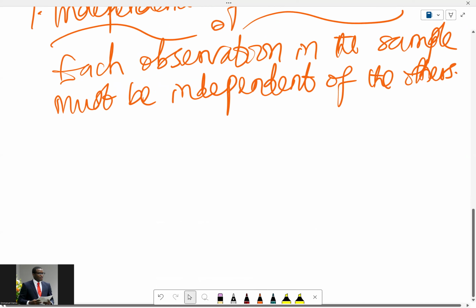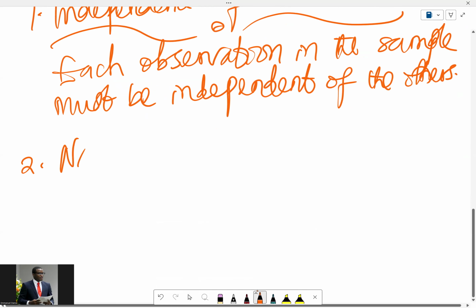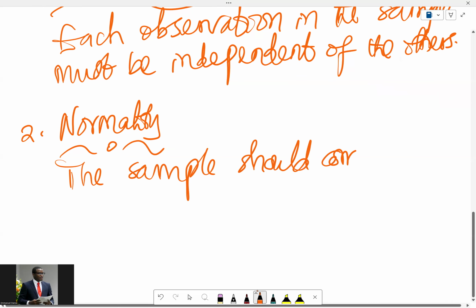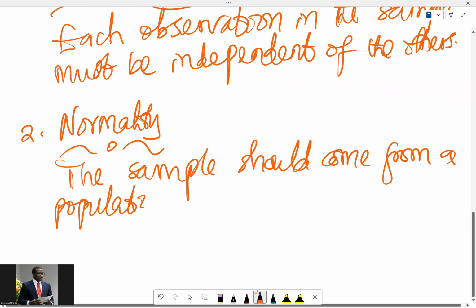Then number two, there is normality. So for normality now, the sample should come from a population that follows a normal distribution.